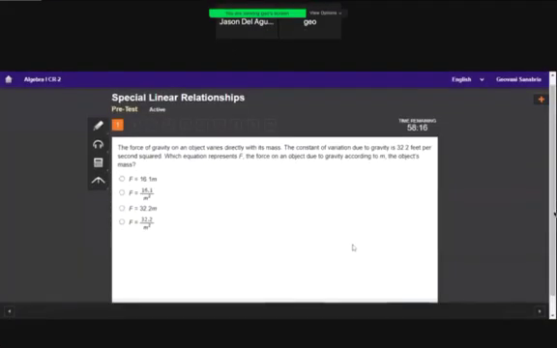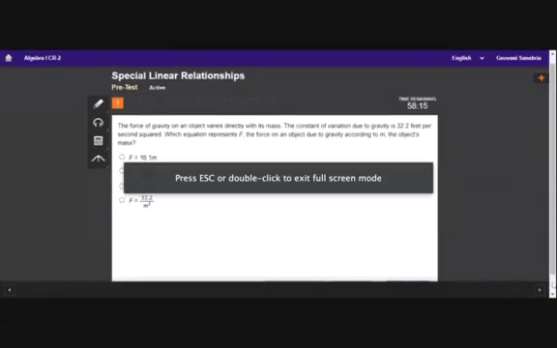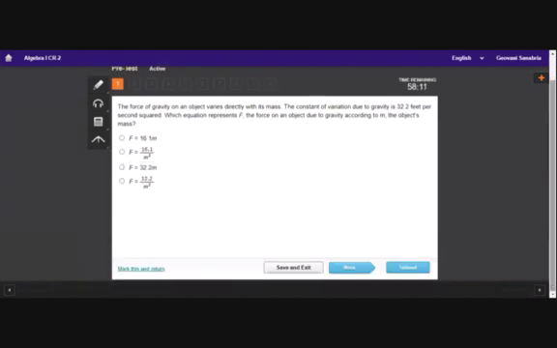Oh, okay. So varies directly, that means you're multiplying two things. If it says the force of gravity on an object varies directly with its mass, that means some number times the mass. So I was looking at the first answer and the third answer because it's a number times the mass. Varies directly means that.